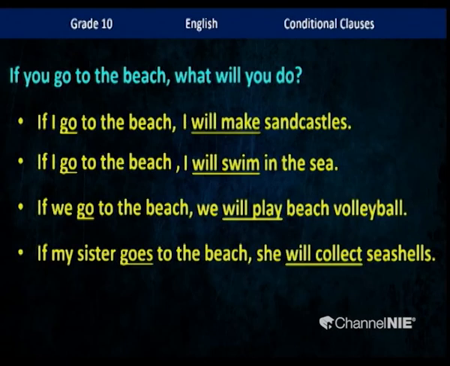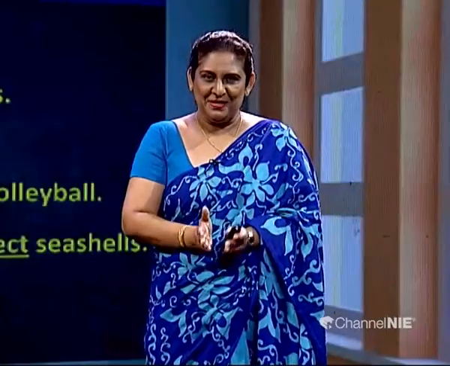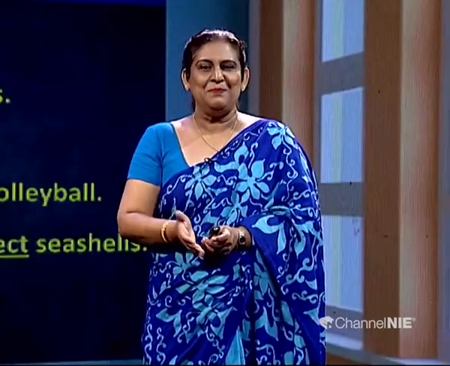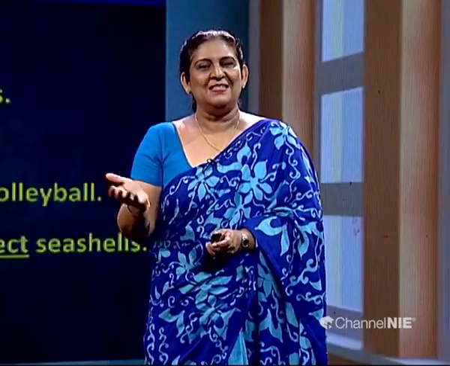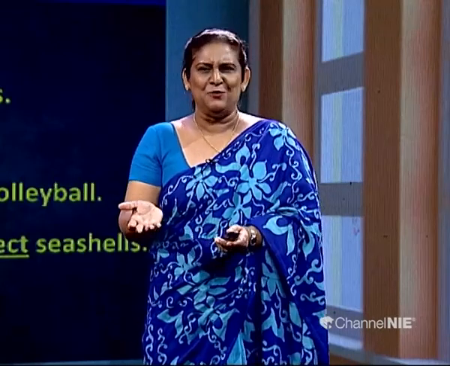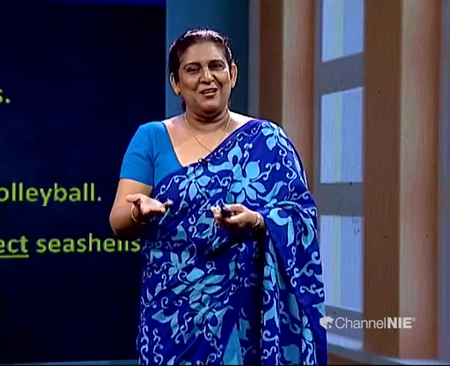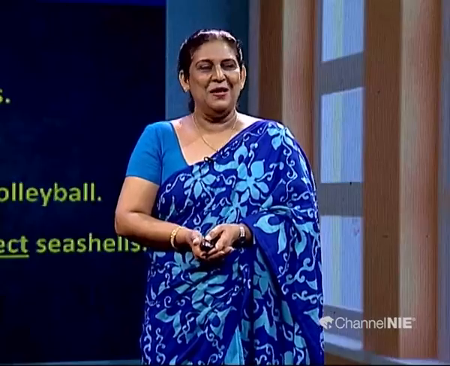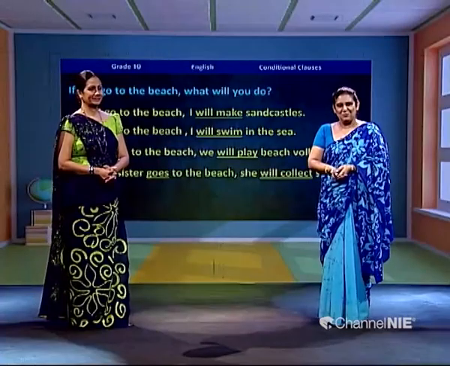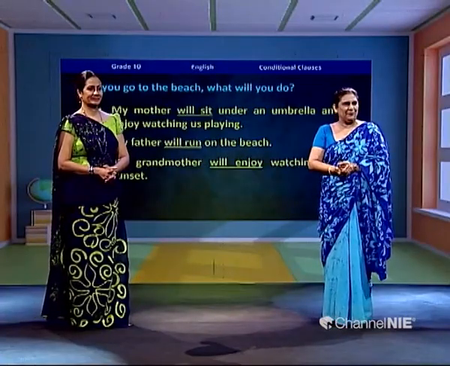The result is with will and the verb, will make. The second one, will swim. Third one, will play. Fourth one, will collect. So remember the rule, if part, simple present, and the result part, will plus the verb. It's easy to remember, will plus verb, but you can use other modals as well. Right. So let us move on to the next one.